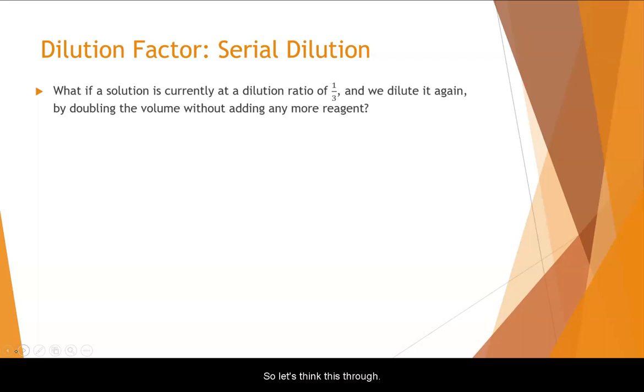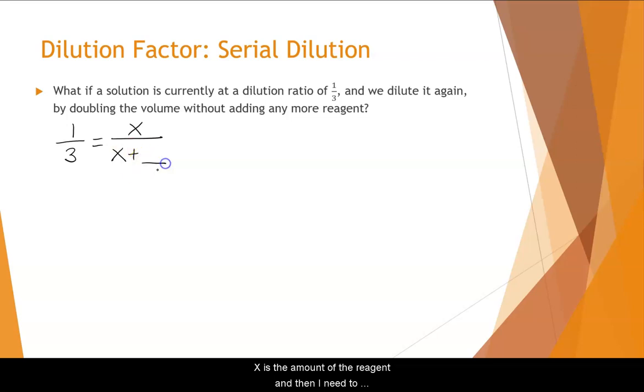So let's think this through. A dilution factor of 1/3 means that we have X milliliters of a reagent divided by the total. And this has to simplify down to a factor of 1/3. So X is the amount of the reagent, and then I need to add something in there to be the dilution. And again, I'm not worried about the second half, about diluting it again. I'm just thinking through this 1/3.